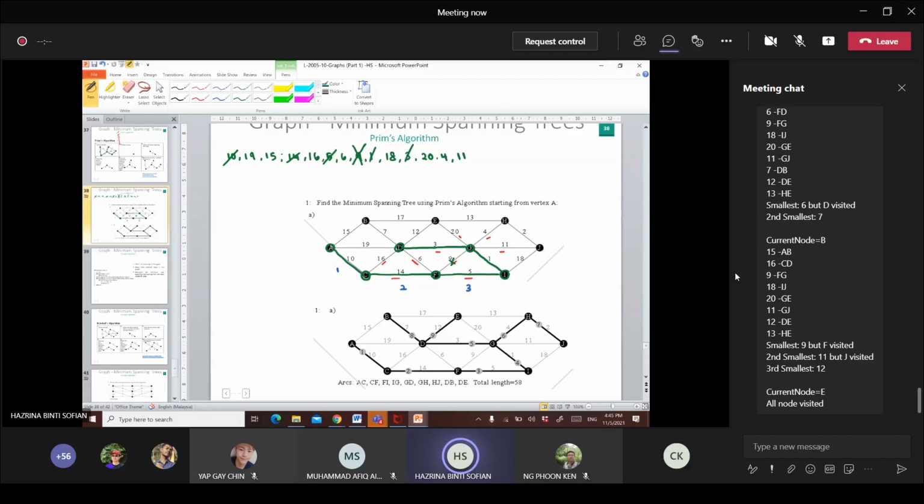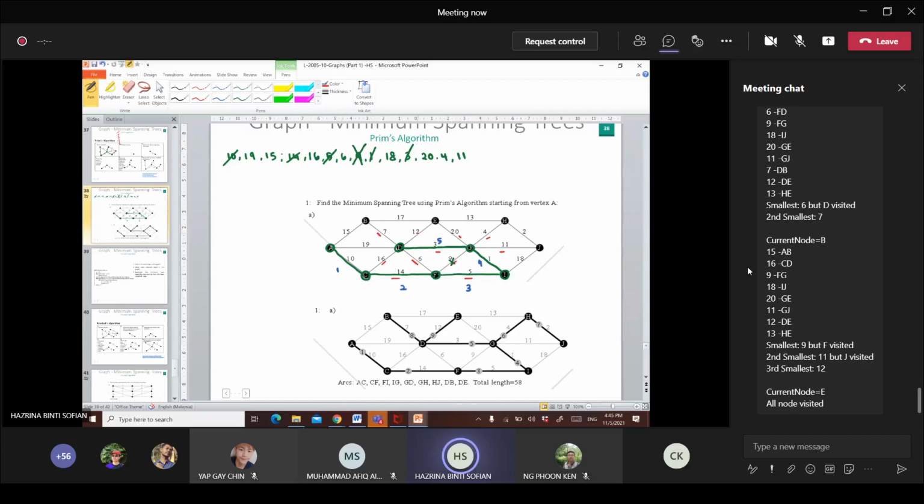Then this. Okay. Let's see what we have. We already visited 5 of them. Okay, so when we reach here, we reach D. We cannot have this path because it will be cyclic.